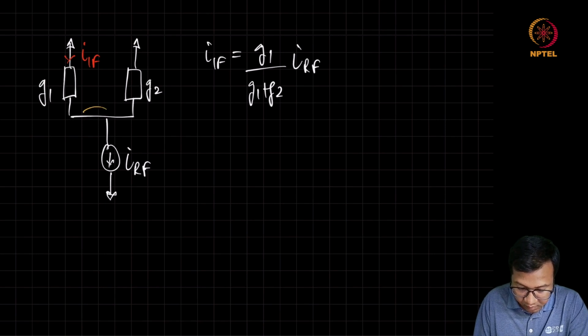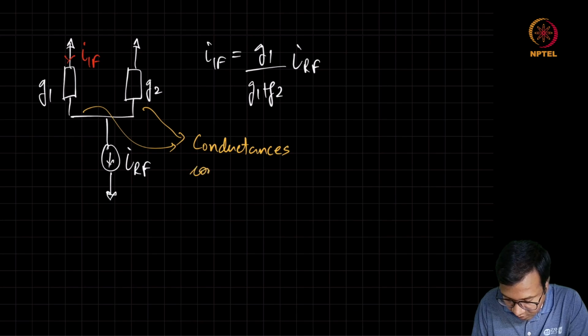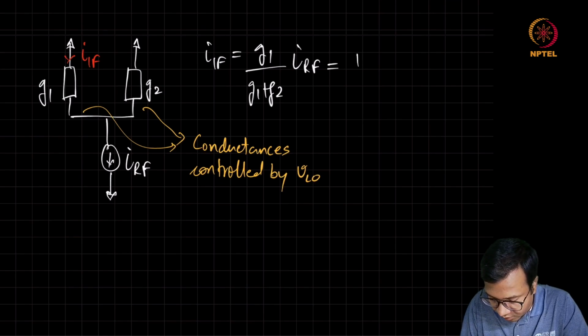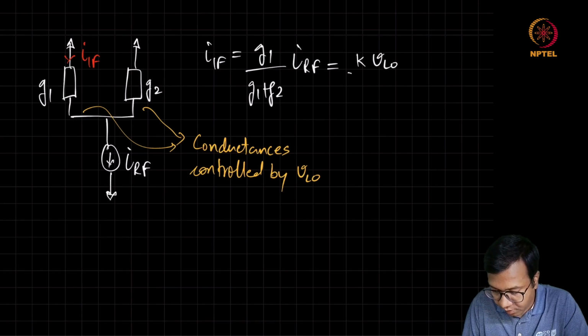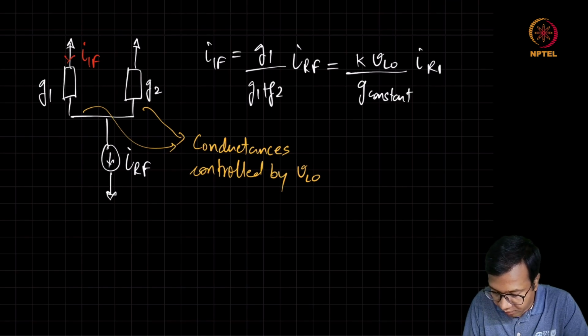These are conductances that can be controlled by VLO. So this G1 can be a function of VLO, and G1 and G2, their summation, is always constant. So let's call it some G constant, into IRF.